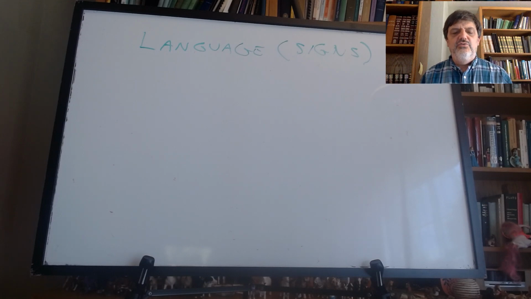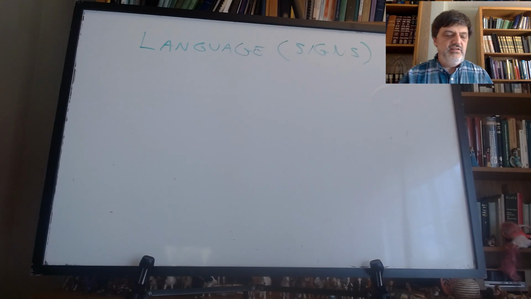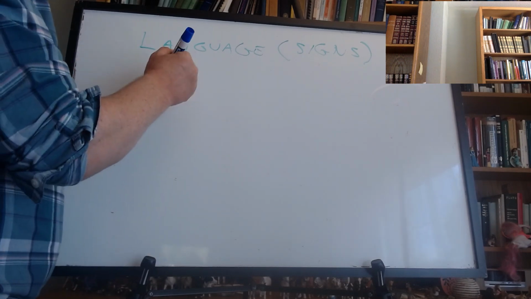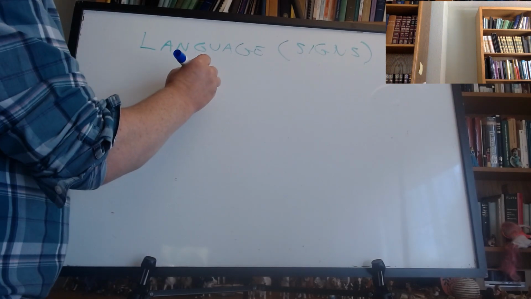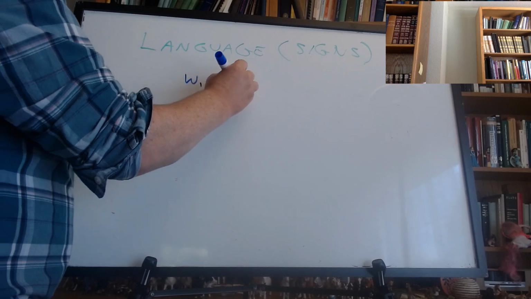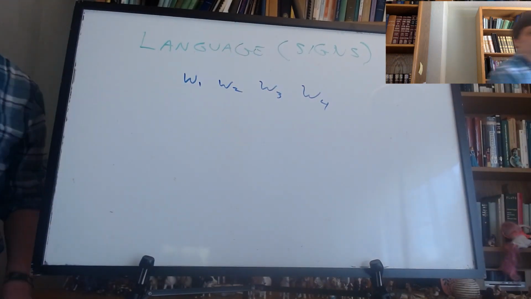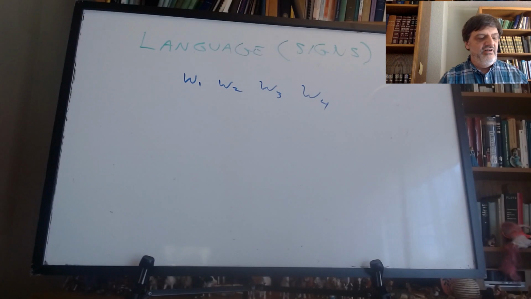Okay, so there are two kinds of relationships you might think that all the signs in a language have to stand in. So here are the signs in the language. They're like words and stuff, sentences, whatever.